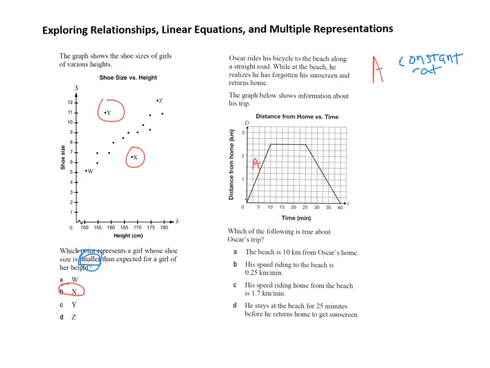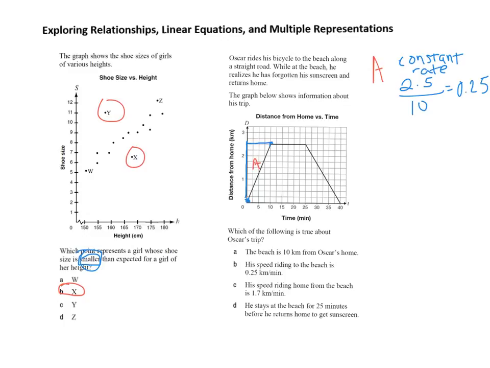So the rise, going from this point to this point over here, is going to be 2.5. So rise over run, I get 2.5 divided by the run, which was from here to here, that's 10. 2.5 over 10 equals 0.25.